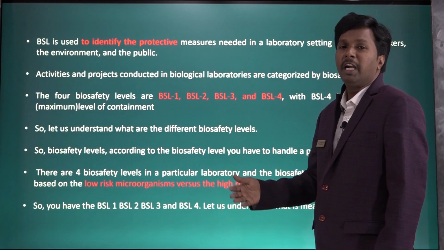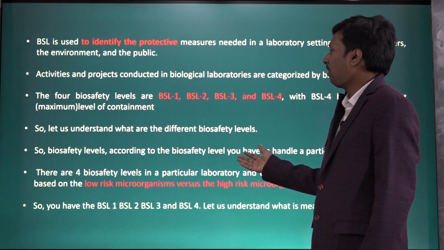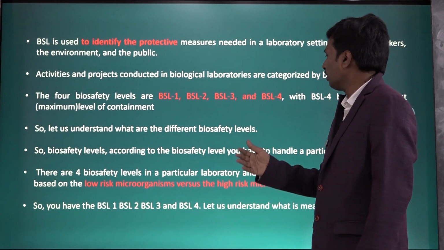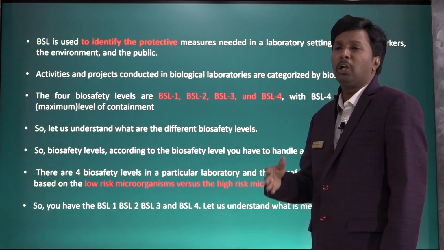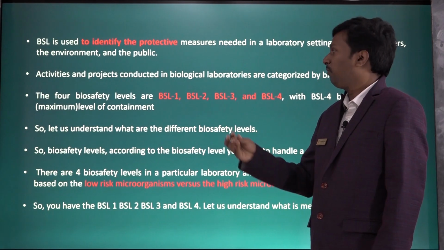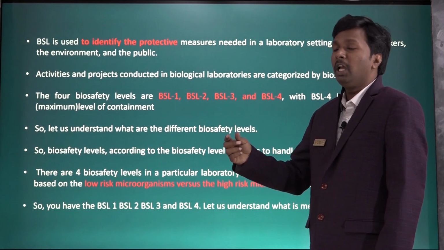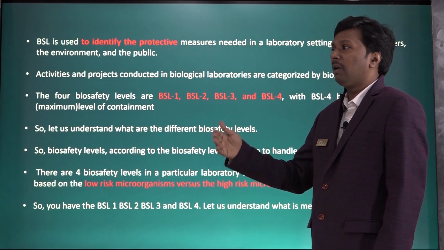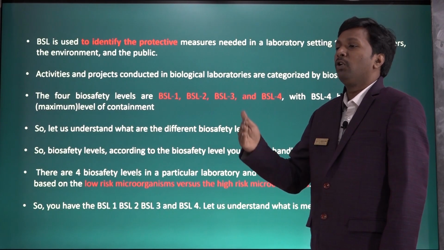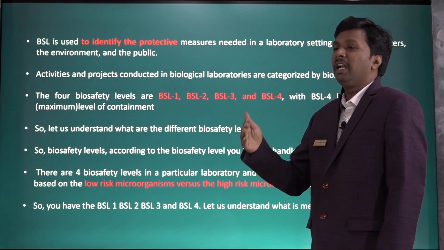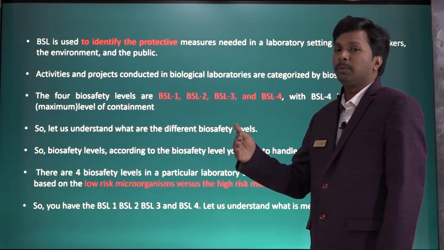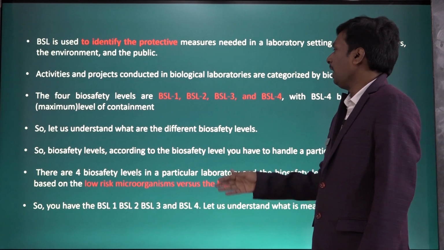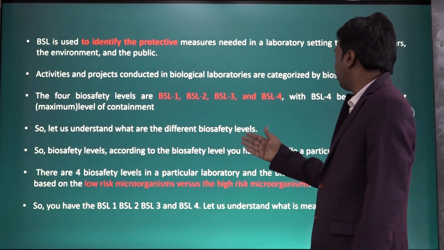So let us understand the different biosafety levels. According to the biosafety level, you have to handle the particular organism. In biosafety level 1 we handle one type of organism, in another level another type of microorganism. Likewise, from biosafety level 1 to 4, we handle different types of microorganisms as per their risk. So there are 4 biosafety levels.